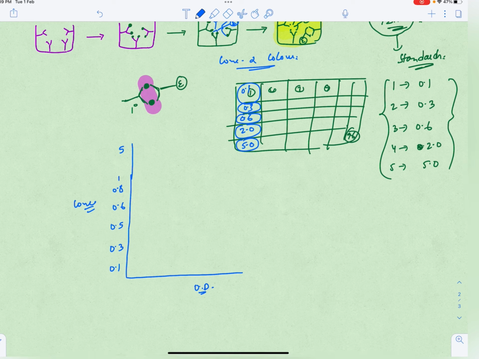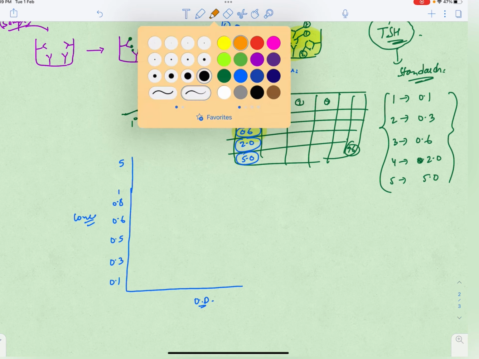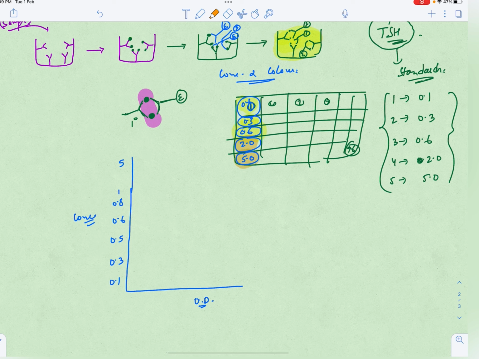So in well number 1, the concentration is 0.1, so here the color would be a bit light. The next would be much darker than the previous one, then more darker, and more darker.